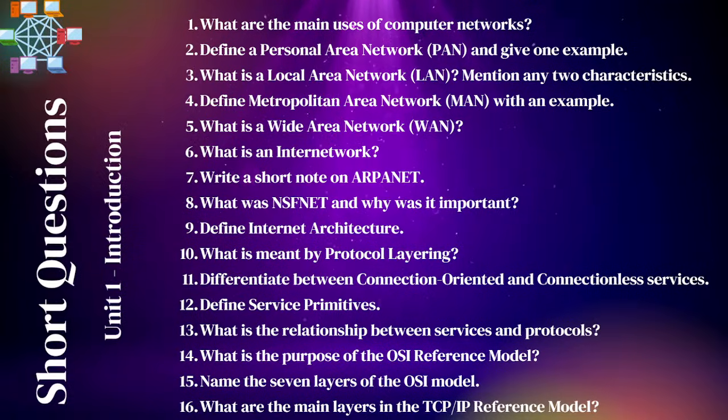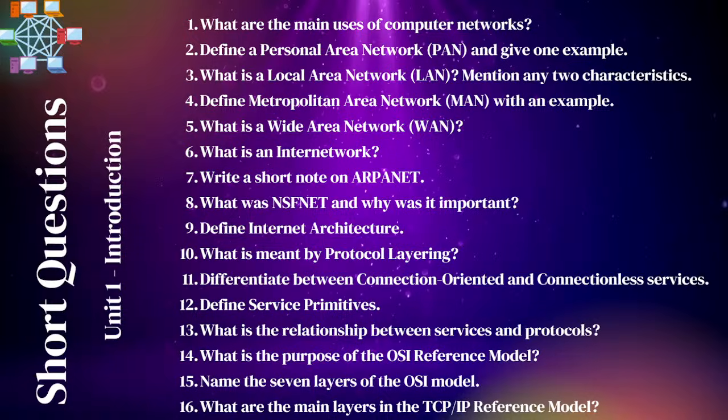So we can say, what did we learn? In total, 16 questions I have added according to today's content. What are the main uses of computer network? Already you know the answer. Then PAN, LAN, MAN, WAN, Internet, ARPANET, NSFNet, Internet architecture, protocol layer, connection oriented and connectionless service, service primitive, the relationship between service and protocol.